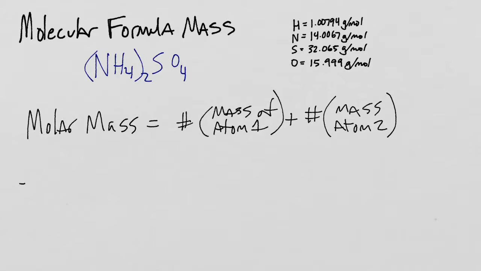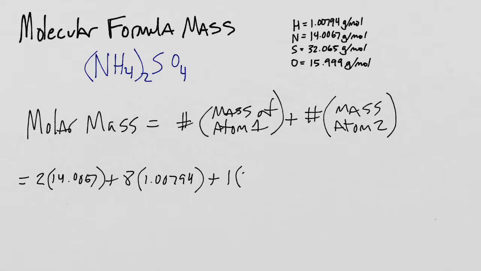So nitrogen, we have 2, so it's 2 times 14.0067. We have 8 hydrogens, so 8 times 1.00794 plus 1 sulfur, so 1 times 32.065, and plus, now we have 4 oxygens, so 4 times 15.999.